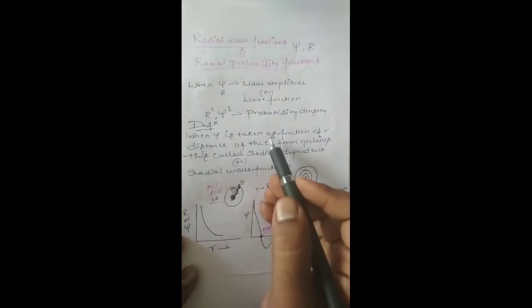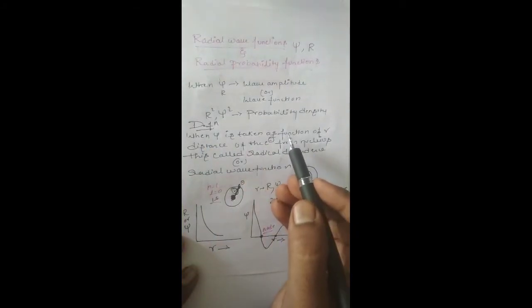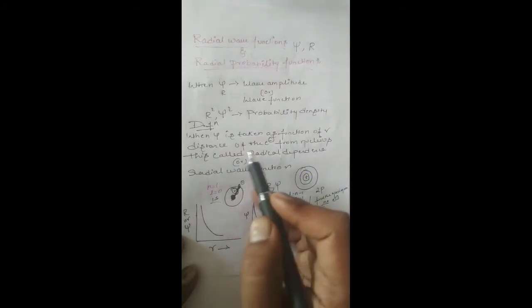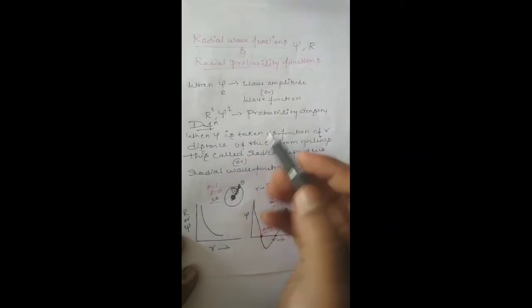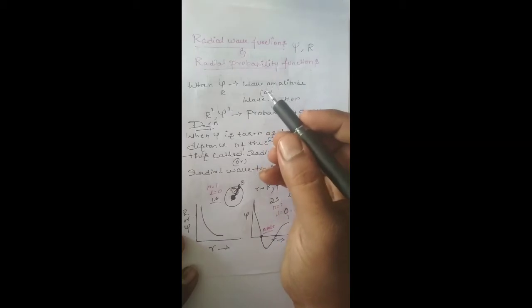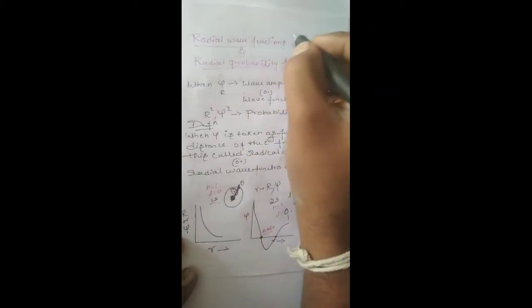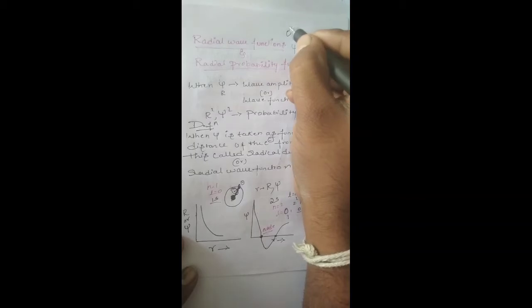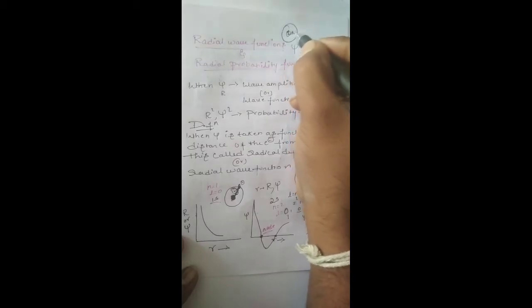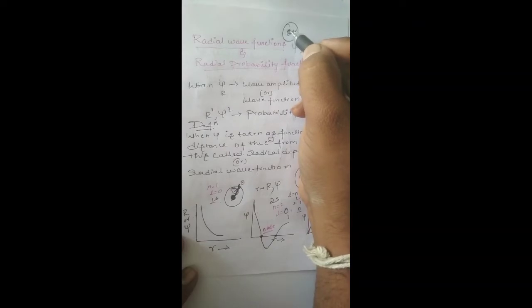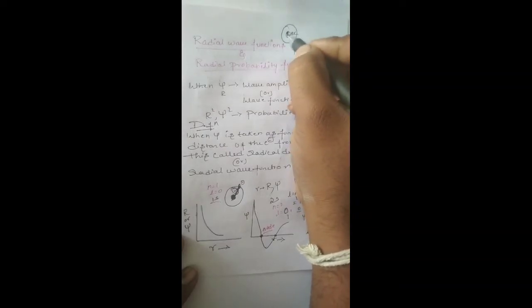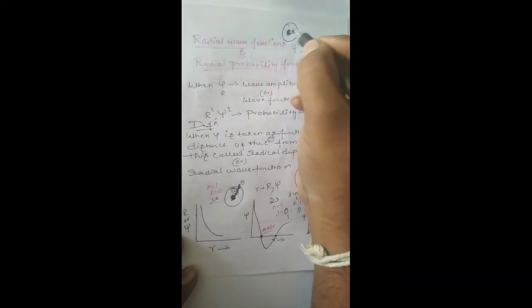When psi is taken as a function of R, the distance of the electron from the nucleus, take a nucleus here, this is R, and this is the electron.